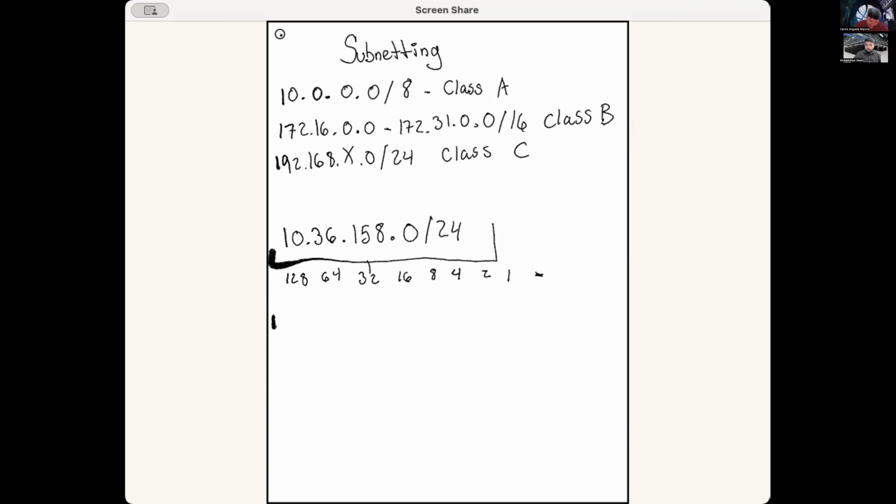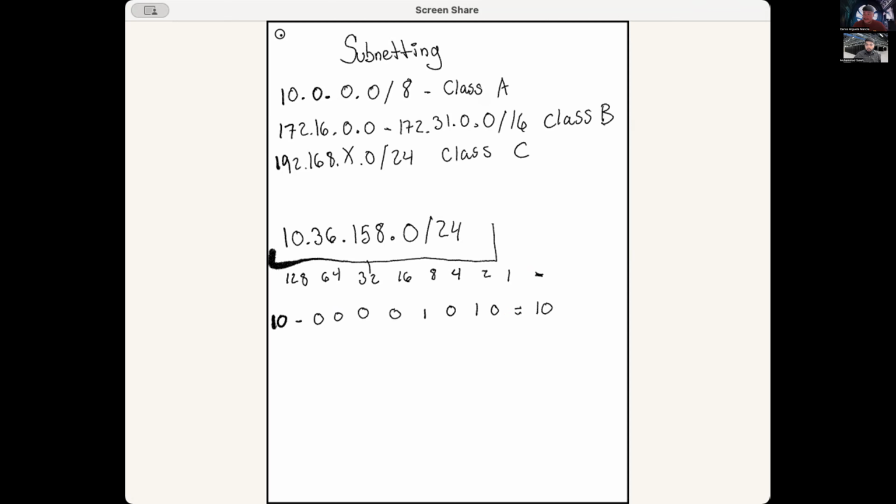So let's start with the 10. We know 128 will be 0, 64 is 0, 32 is 0, 16 is 0. The 8 bit will be enabled, so 1. Then 4 is 0, 2 is 1, and 1 is 0. This equals 10 because we have 8 plus 2 equals 10. Let's see, 36.